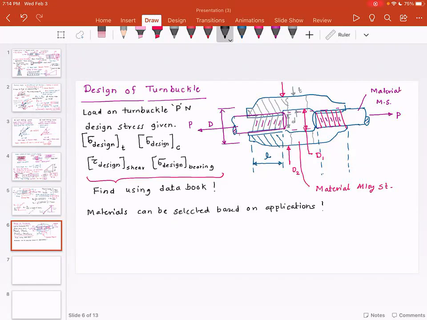Or if you want to use a turnbuckle in a super corrosive environment, then you want to use a material that can resist the corrosion. Maybe use nylon or maybe use some sort of plastic. So depending upon the particular application, you will have to choose the material, and with that material you will choose the stresses. And again, this material guideline is in the design data book.